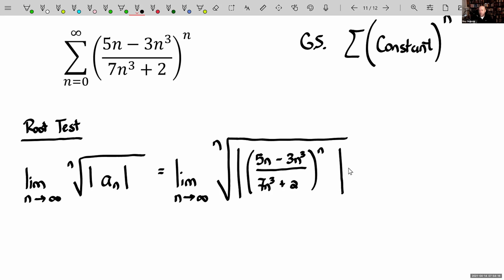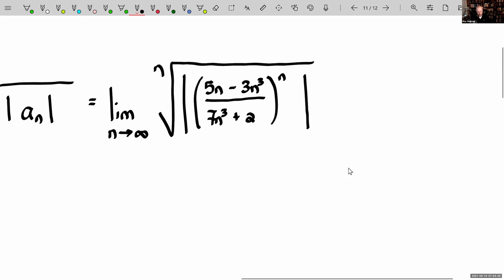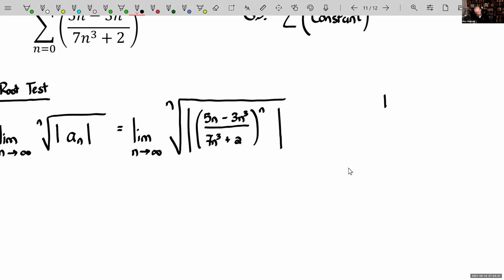Something that you need to realize here is that when I take a number, whether that number is positive or negative, raise it to the nth power, and take its absolute value, it's the same thing as taking the absolute value of that number and raising that to the nth power.